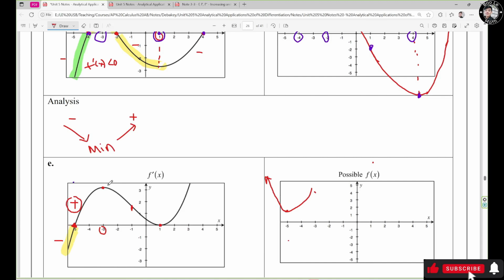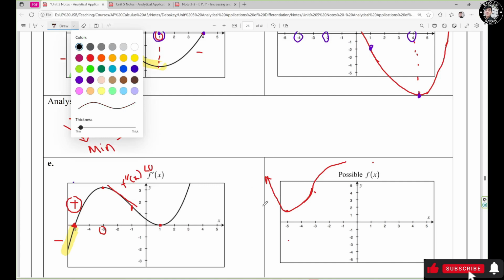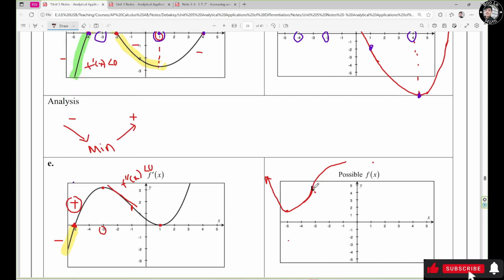But if you draw f double prime of s, it's going to be negative. It tells us that the function f of s is concave downward, right? So it's going to be like this. And you have the point of inflection at negative 3, right? The minimum value is at s equal negative 5, right?